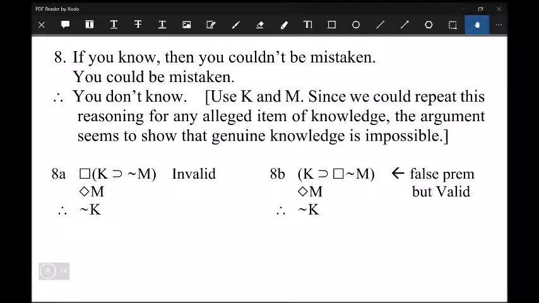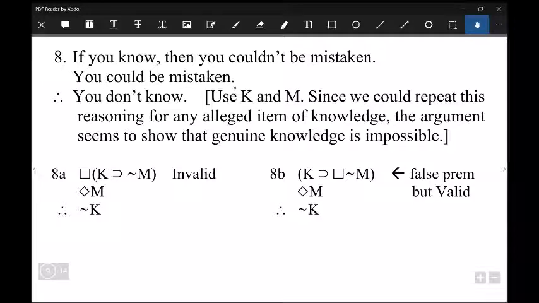Okay, 8 is an argument for skepticism, which is the view that knowledge is impossible. We know nothing. If you've read Descartes in your Intro to Philosophy, you might recall that he had some arguments about that. So, how does it go? If you know, then you couldn't be mistaken. How could you know if you're mistaken, right? But you could be mistaken.